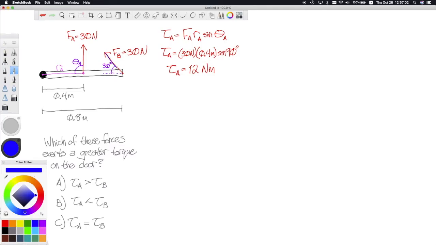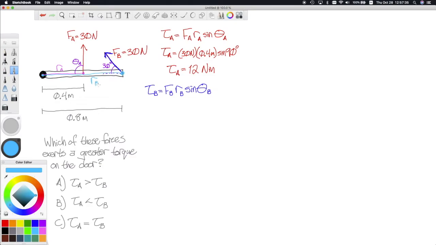For force B, I'm going to go over this one in red and blue here so that I can do my math in a different color. To find the torque exerted by force B, we want the magnitude of force B, the lever arm at which this force acts, times the sine of the angle, whichever one we need. So for B, our lever arm will be the distance from the axis of rotation to wherever the force is acting.